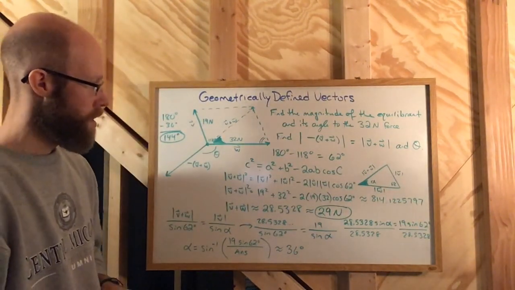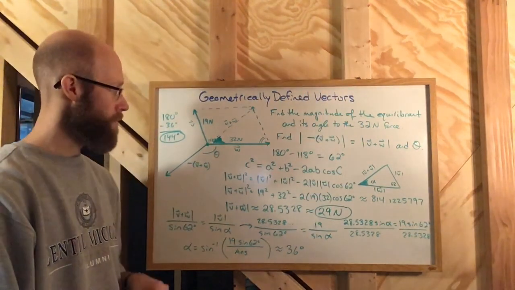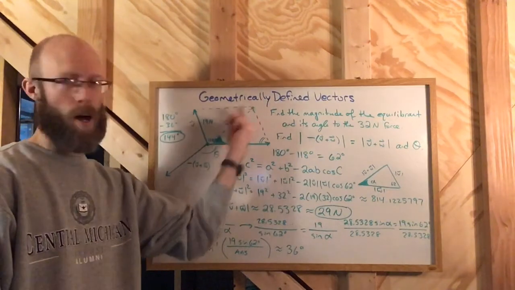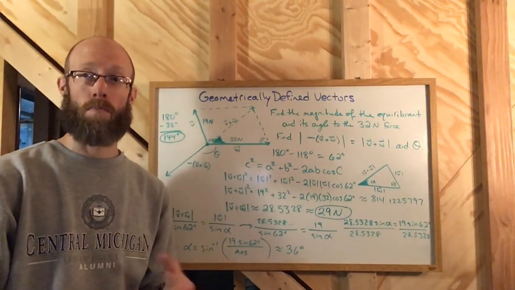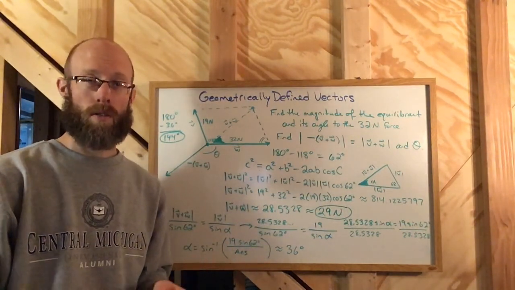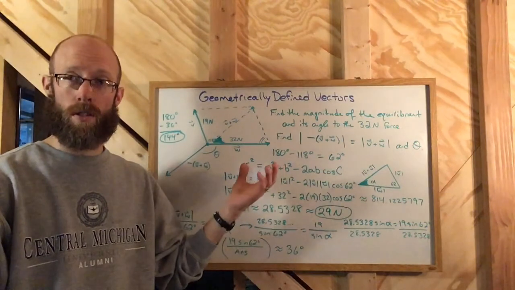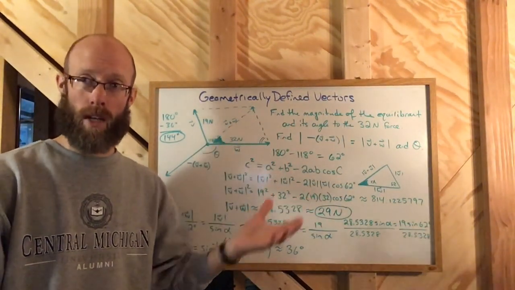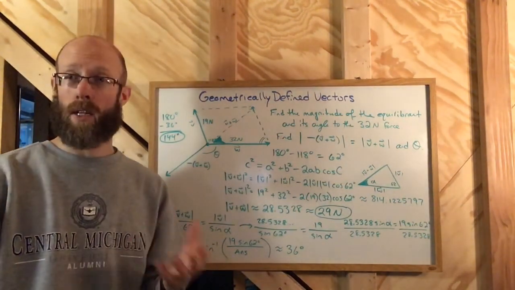So that gives you an idea of how you would find an equilibrium. Again, the equilibrium is the opposite of the sum of the other forces. Now, you can do the same process if you had more than two forces. If you had 4 forces or 5 forces, you could add them all together. It may be best to add them 2 at a time.